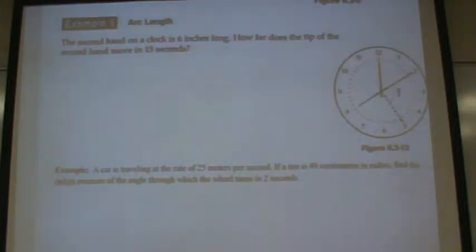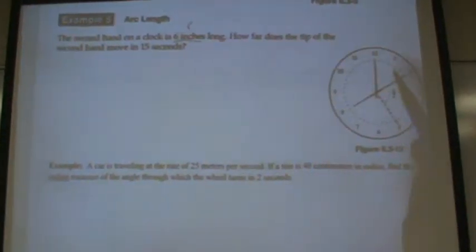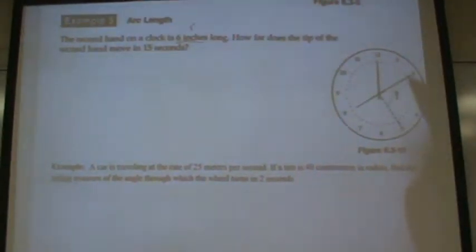Now, in the problem, they give you that the second hand is 6 inches long. That 6 inches is your R, because your second hand goes out to the edge of your circle. So you have from the center to the edge of your circle. That gives you your R.